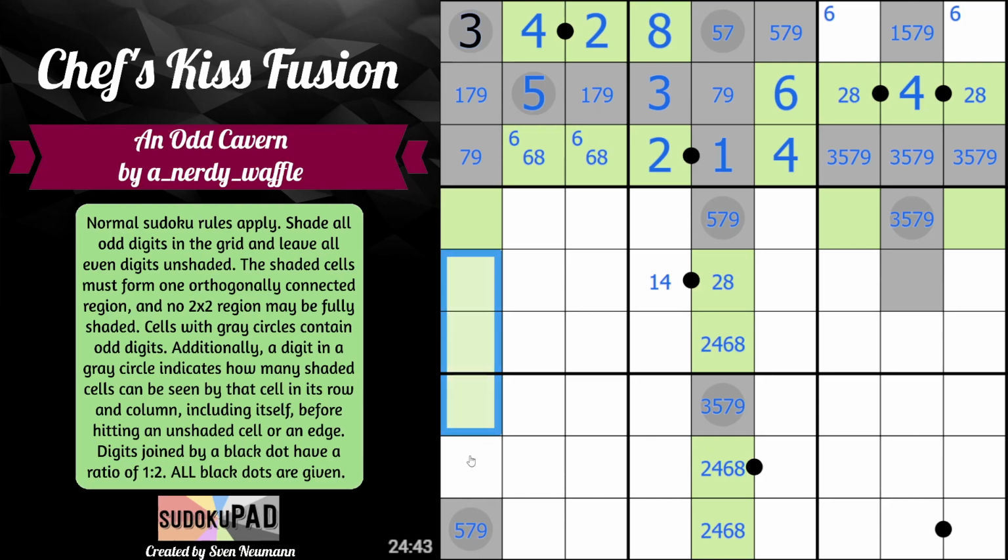This is green, and these are gray because you can't have 3, and you can't have 1 for the reason I mentioned earlier, which means this must be at least 5, but it can't be greater than 5, which means it is the 5. This must be green to avoid a 2 by 2, and we can mark these as 2, 4, 6, and 8. And that leaves us with 1, 7, and 9.